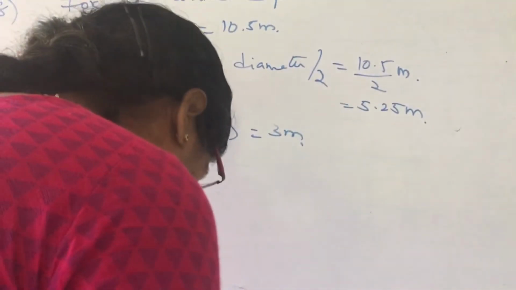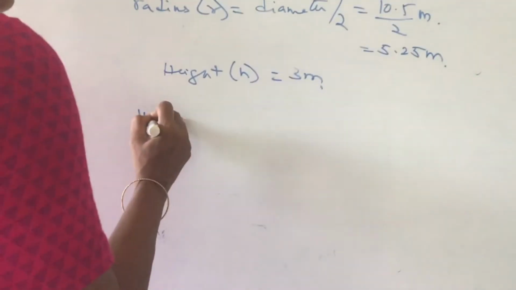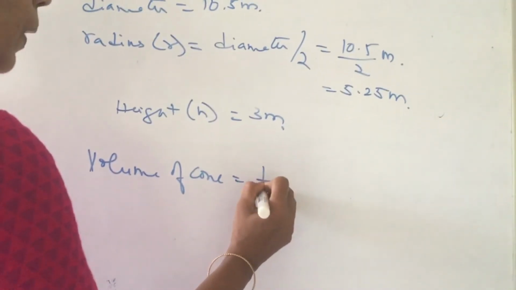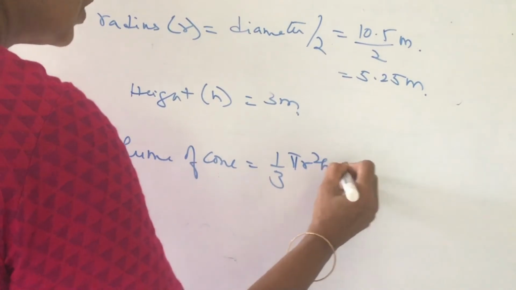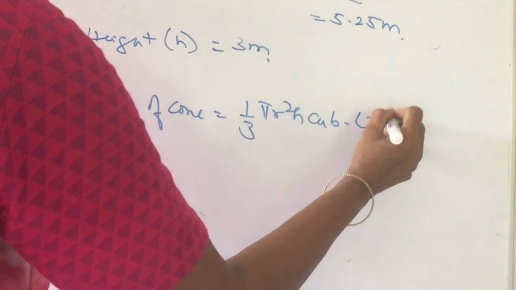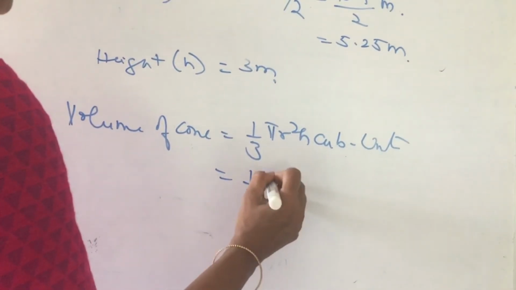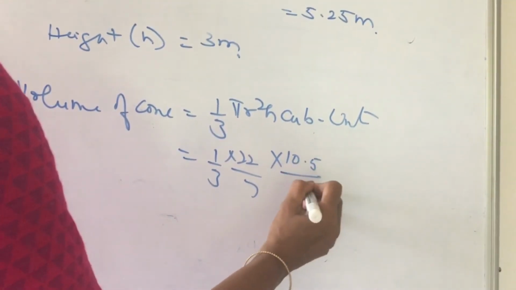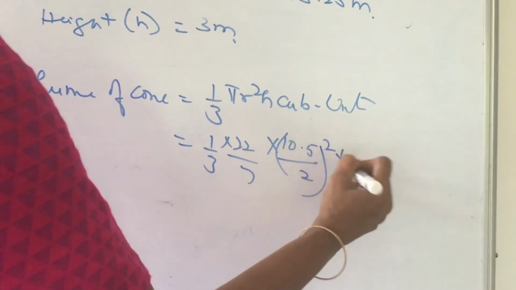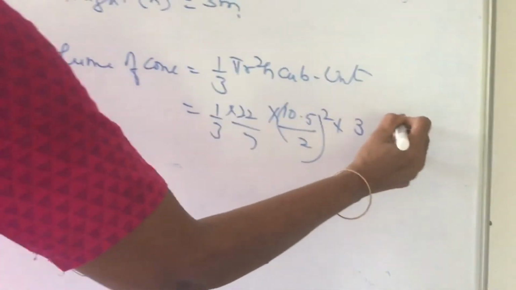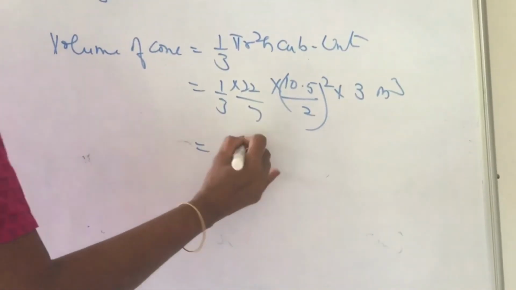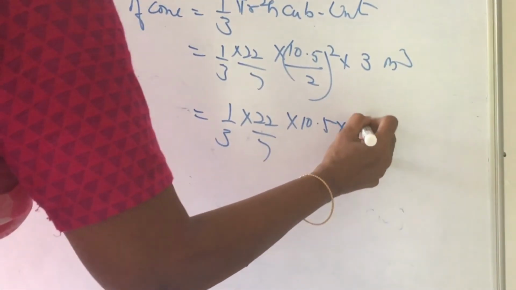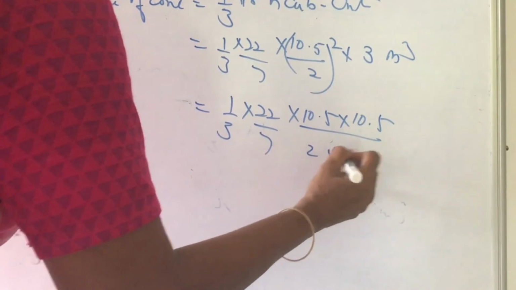The first bit, find the volume. Volume of cone is equal to 1/3 pi r square h cubic units. 1/3 into 22/7 into 10.5 by 2 the whole square into 3 meters cube. 1/3 into 22/7 into 10.5 by 2 into 2 into 3.